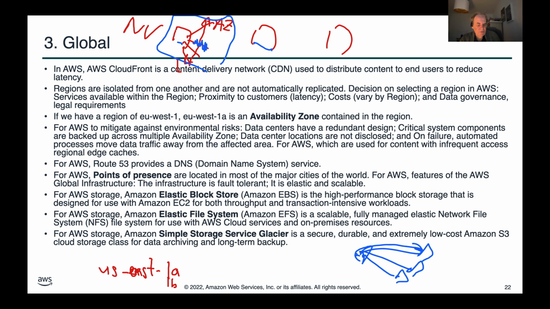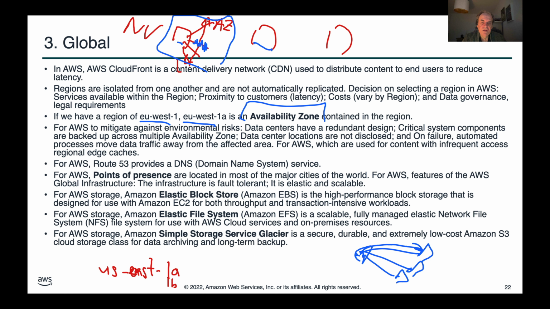So regions, we have different regions across the world. London and Dublin are two example regions. We have North Virginia, which is US East 1, each have an availability zone that's contained within the region.